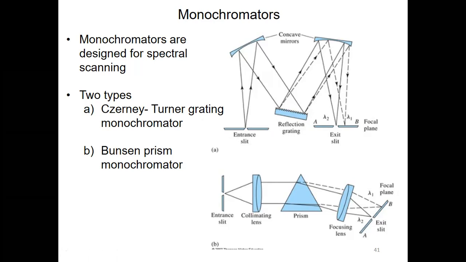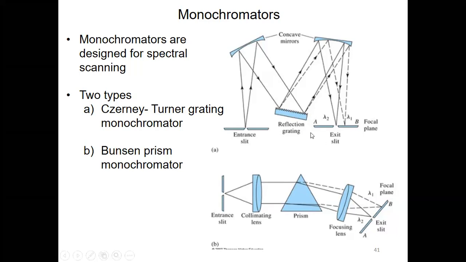Sometimes we don't say Bunsen prism, instead we call it a prism monochromator, and instead of Czerny-Turner grating monochromator, we call it a grating monochromator. Grating monochromator, prism monochromator, it's also fine, right? A is for the grating monochromator, B is for the prism monochromator.